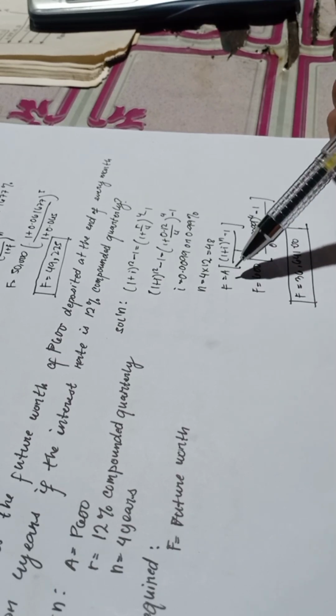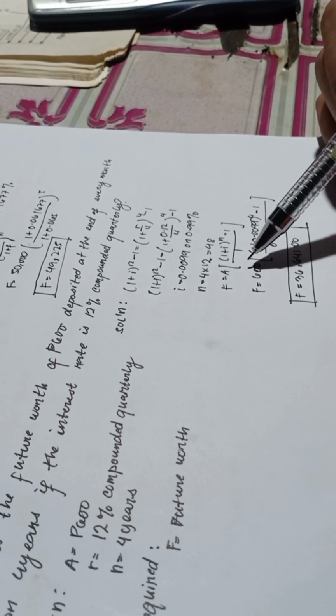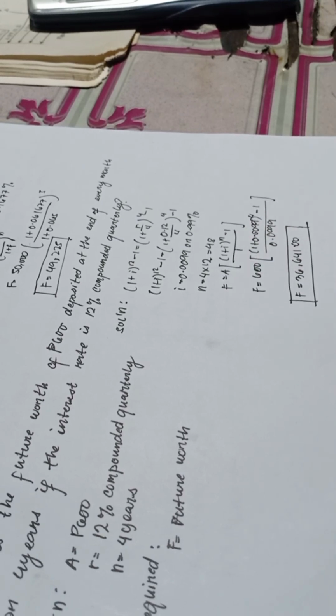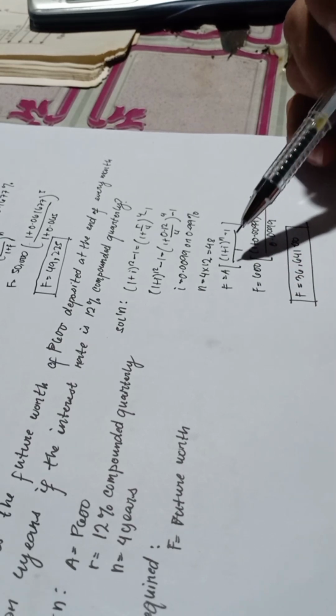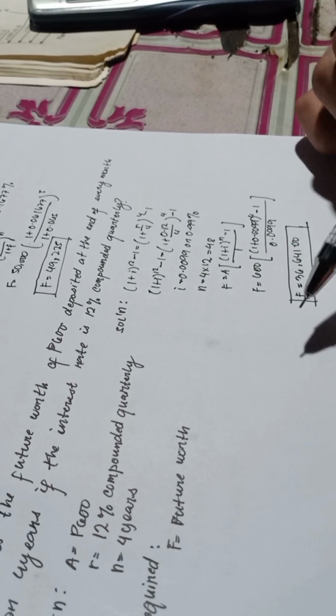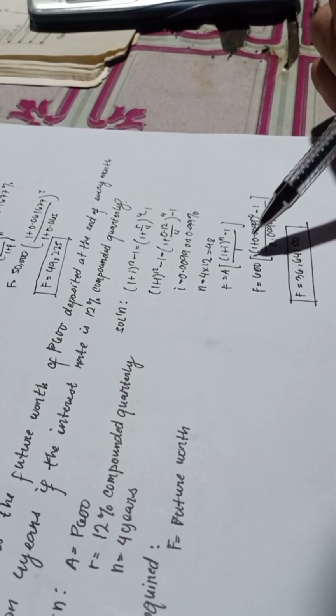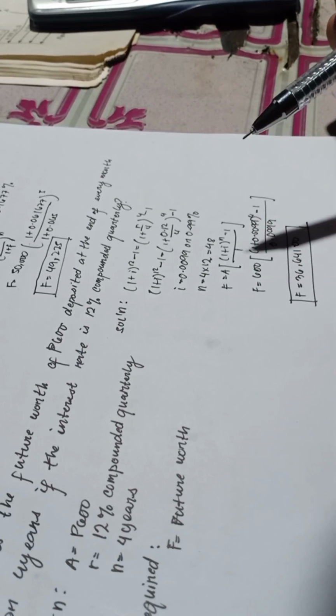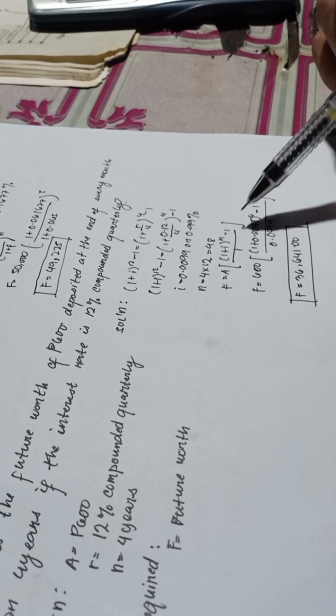So our future worth, F is equal to A multiplied by the quantity of 1 plus I raised to the power of n minus 1 over the interest rate.